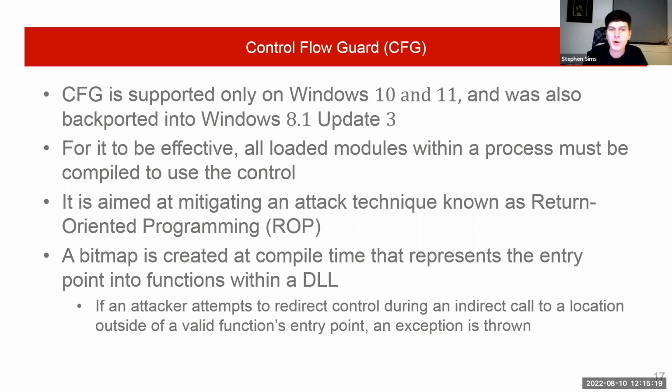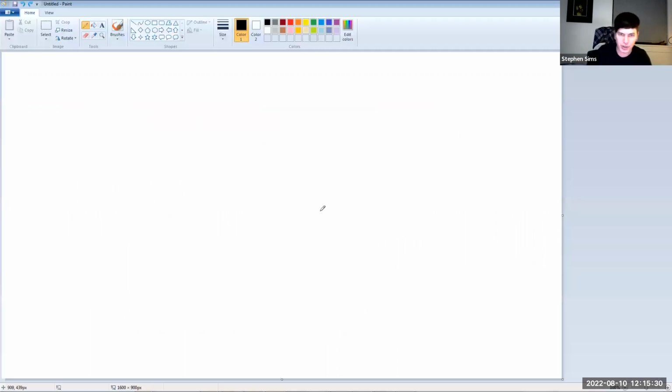So control flow guard, real quickly, focuses on indirection-based attacks. Like if I write up an instruction here, you might see an instruction that says something like call, and then double word. Actually, let me do this in a text box because my handwriting is terrible.